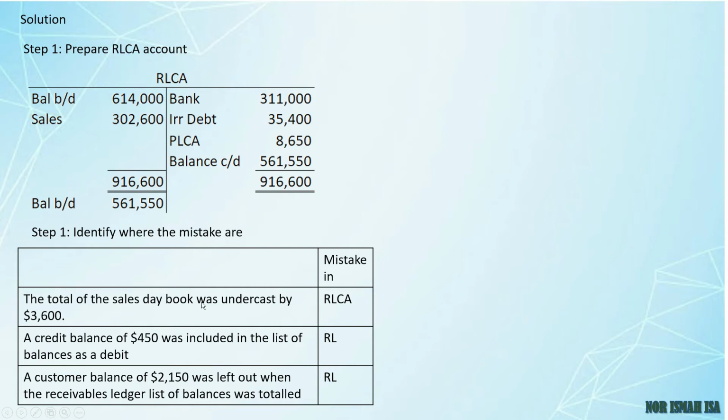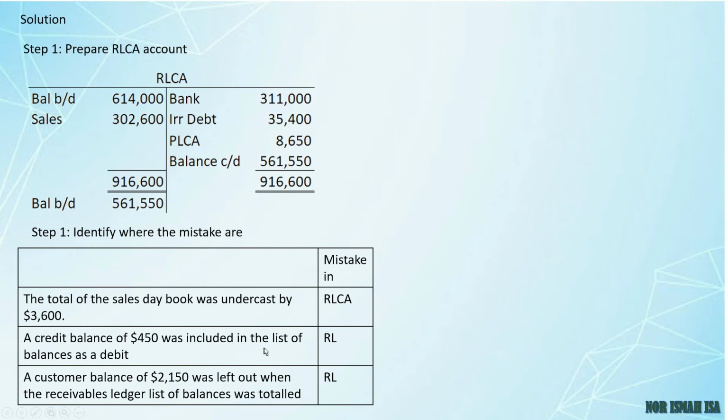The undercast amount has been wrongly posted to the receivable ledger control account, whereas the sales day book has been recorded correctly for each customer, meaning the receivable ledger account for each customer has been correctly recorded and should have the correct balance, and the list of balances for the receivable ledger is correct.